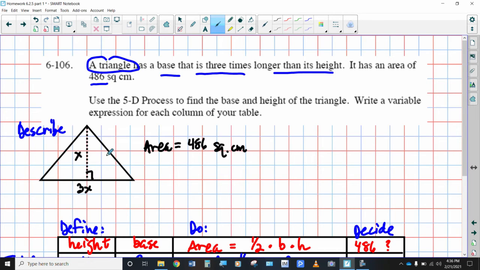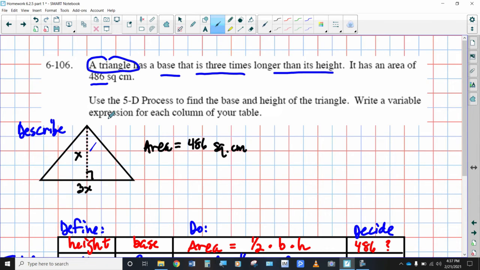All right, 5D process. A triangle, draw your triangle, has a base that is 3 times longer than its width. So here's the base, here's the width. I just drew the picture. I did not make it so it was proportional in any way. We're just doing it for labeling purposes. And then it says that the area is 486 square meters.